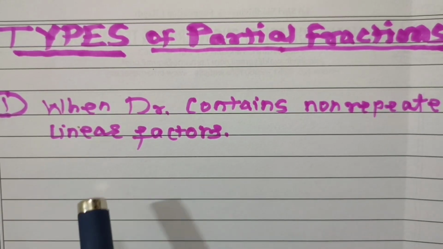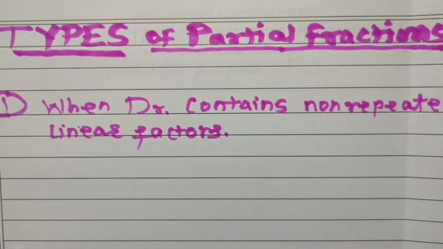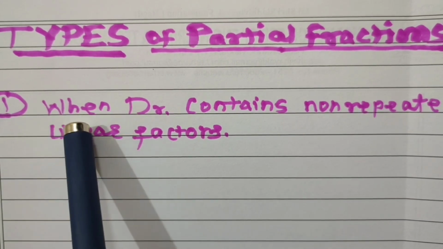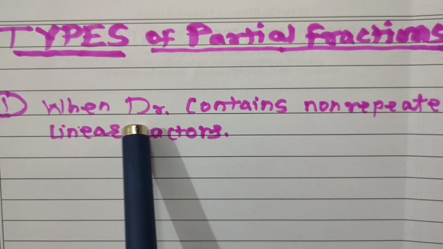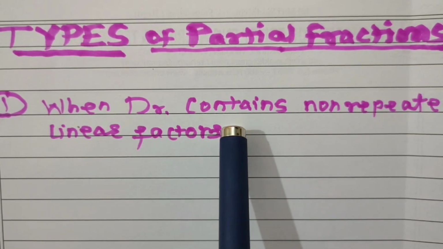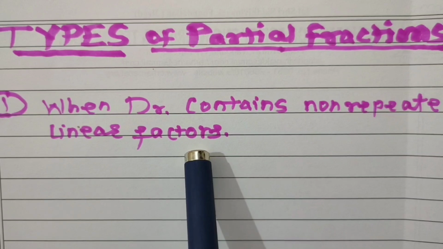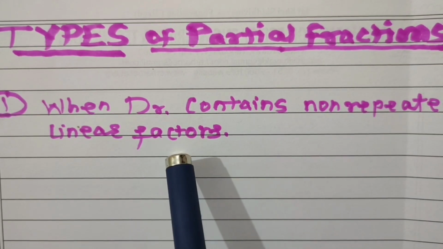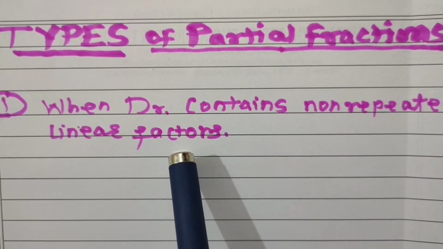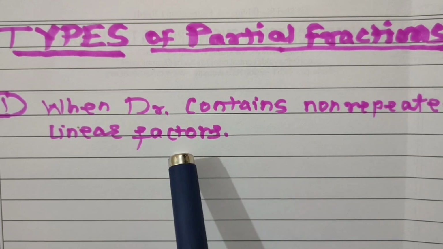Now we have to learn about types of partial fractions. There are total 4 types of partial fractions. Type number 1: when denominator contains non-repeated linear factors. Denominator, its factors we obtained and all are linear factors and no one factor is repeated.